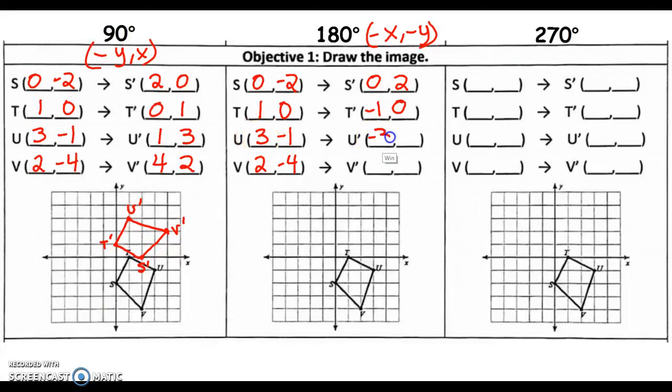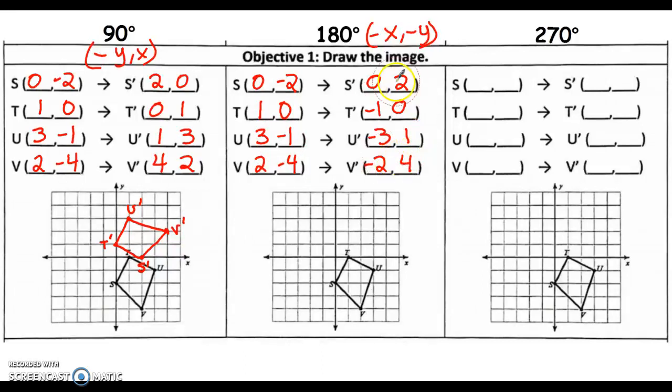Positive 3 becomes negative 3. Negative 1 becomes positive 1. Positive 2 becomes negative 2. And negative 4 becomes positive 4. So again, all we did was just change every sign over here. If it was positive, it became negative. If it was negative, it became positive.